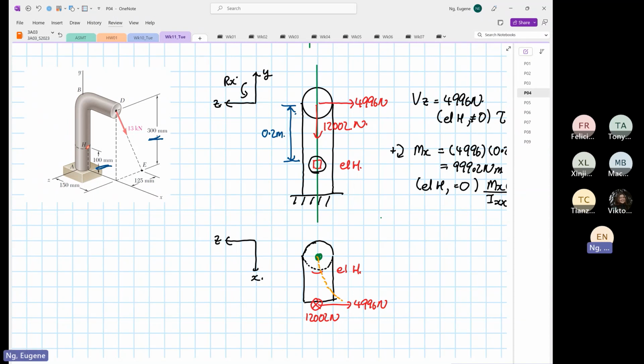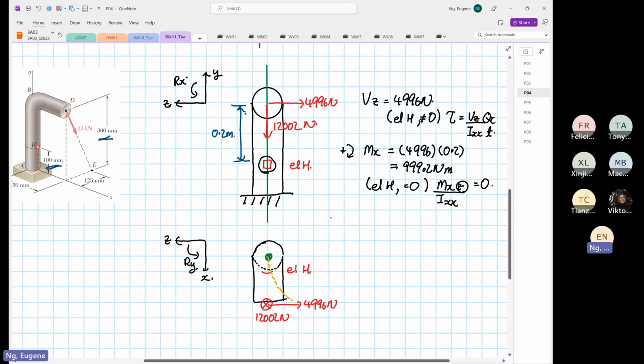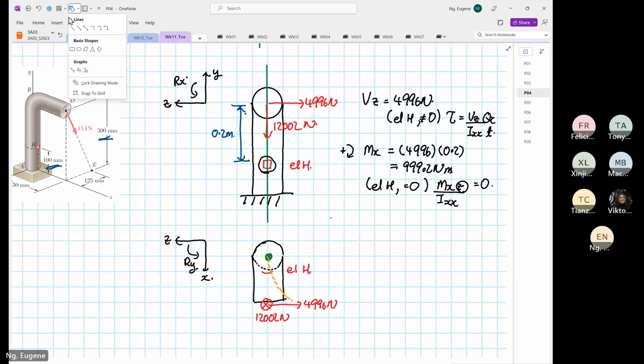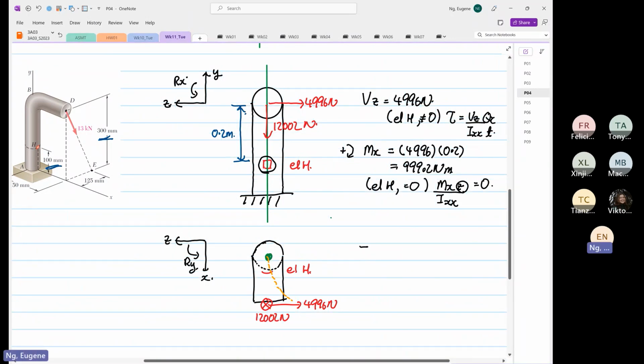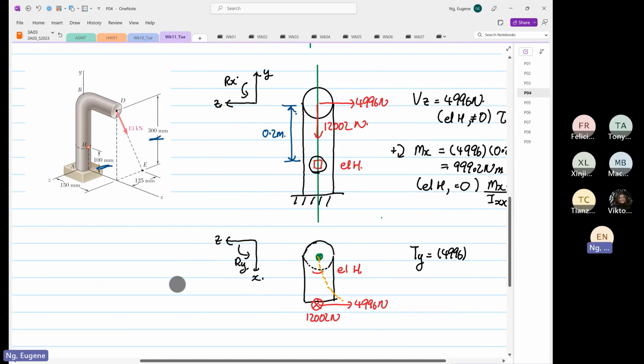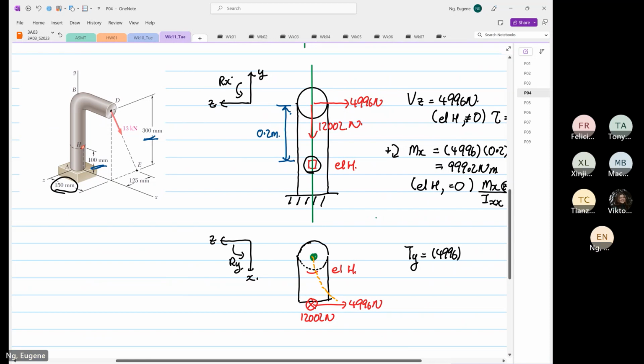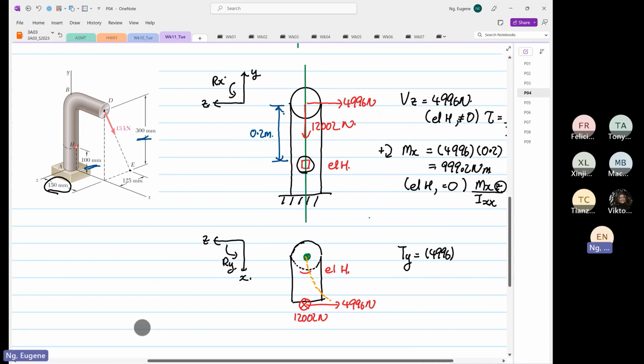So when that's the case, right hand rule, rotation about y. So now this is a Ty, which is a torque. Ty is equal to force multiplied by the perpendicular distance to the centroid, which is 0.15.